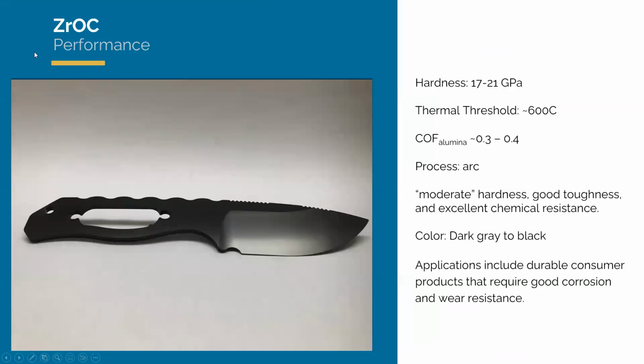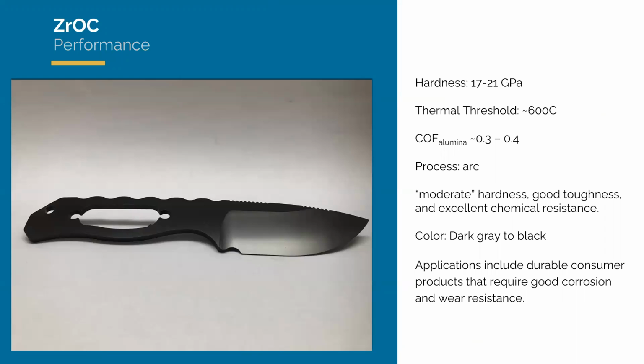You have something that's more on the performance side. This is a situation where you're interested in having a component, a part, a tool that is visually appealing, with an interesting color, but it does have to perform for the task it's designed for. So in the case of just a blade, you can apply Xerox to blades. It does have a high hardness.